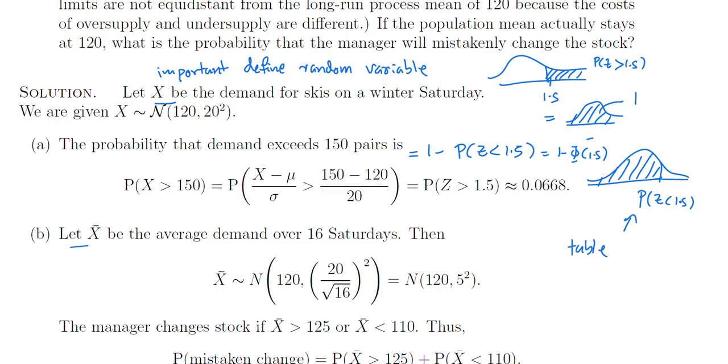Let X bar, and defining it is important, be the average demand over 16 Saturdays.